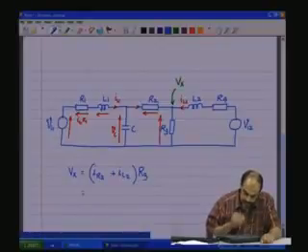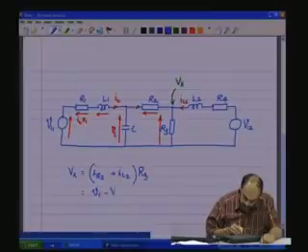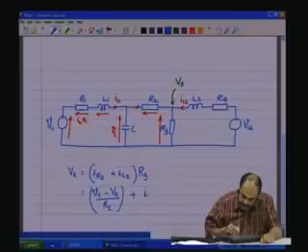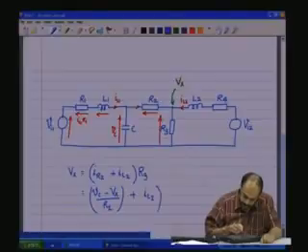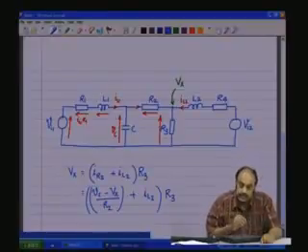or what is VR2? VR2 is nothing but the potential difference across this by R2. So, Vc minus Vx by R2 is the current through R2, plus IL2 is the current which is the state variable coming as the inductor current IL2 of L2. This whole thing into R3 is Vx.